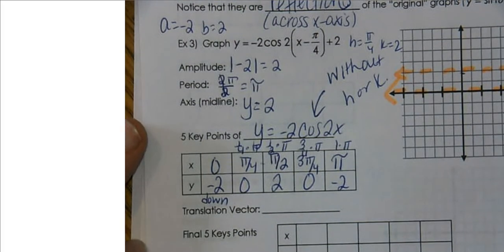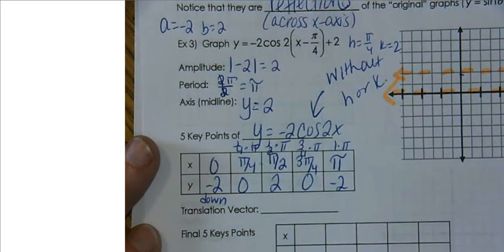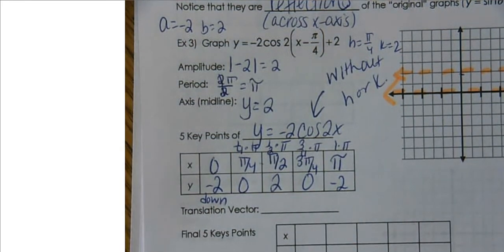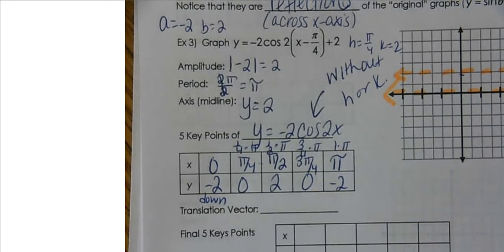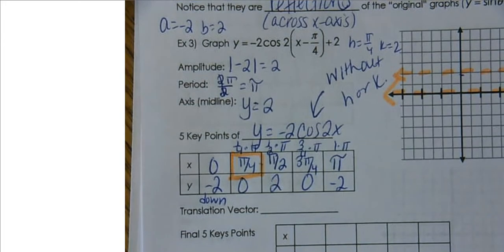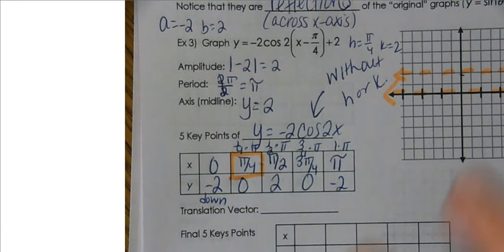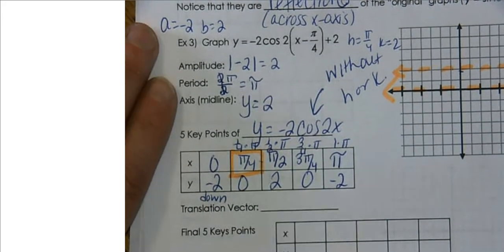Remember, we do not graph or plot the points from this first table. Instead, we use that first table to help us come up with our final 5 key points. The other thing that helps us is the second x value. That second x value tells you the increments that you're going to use on your x-axis. But don't put those in yet until you come up with your final 5 key points.